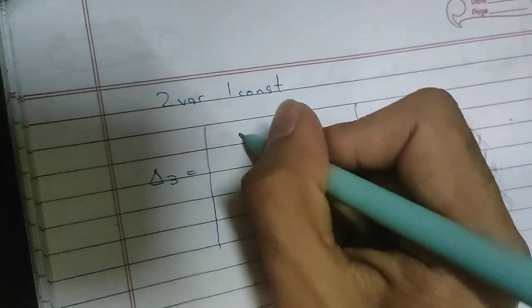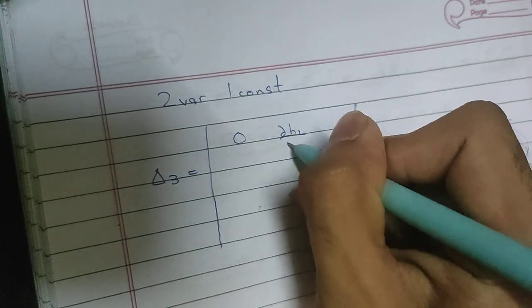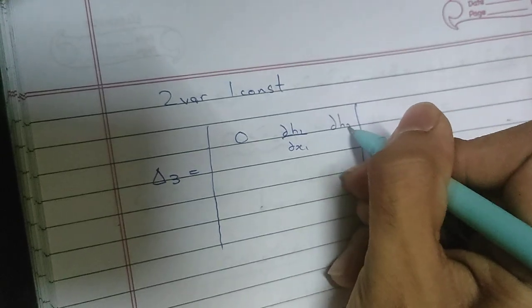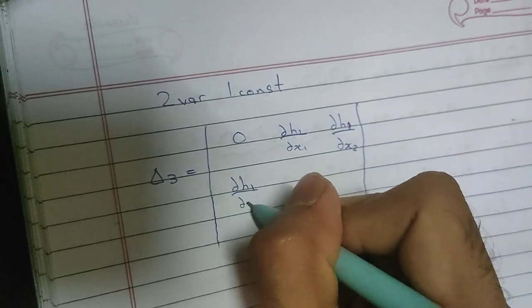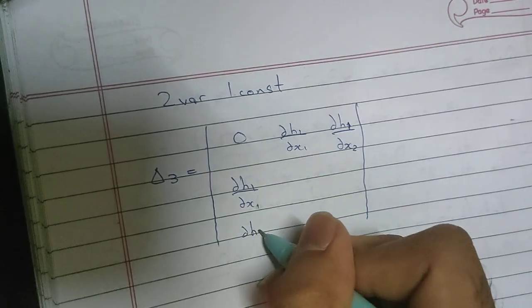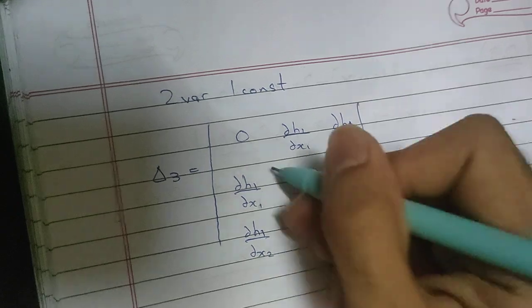So now we have two variables and one constraint. We'll be calculating the del 3 matrix, which looks something like this. We have 0, del h1 by del x1, del h1 by del x2. Here we have del h1 by del x1, del h1 by del x2.